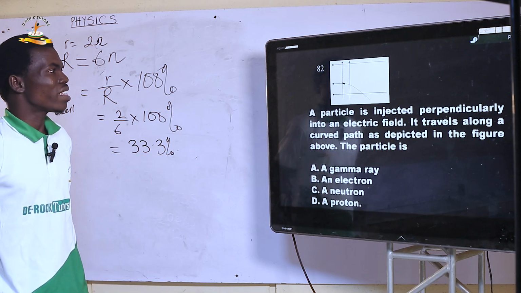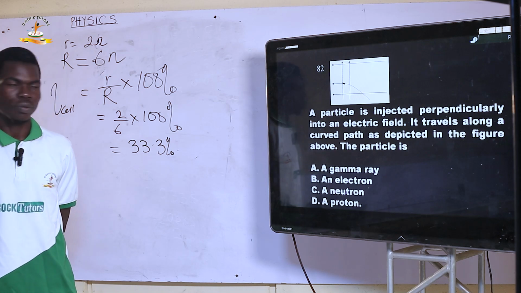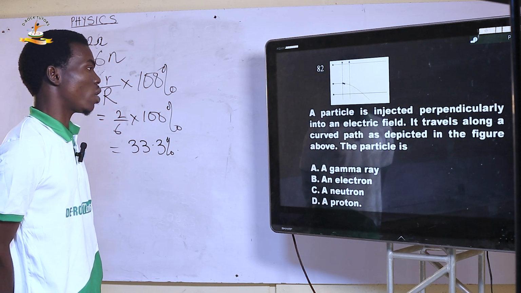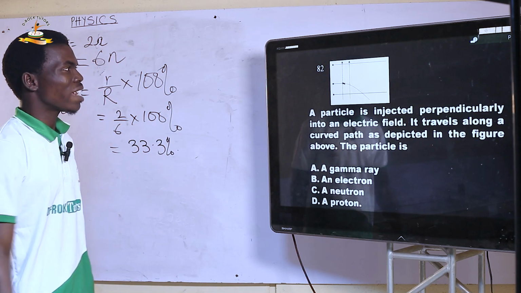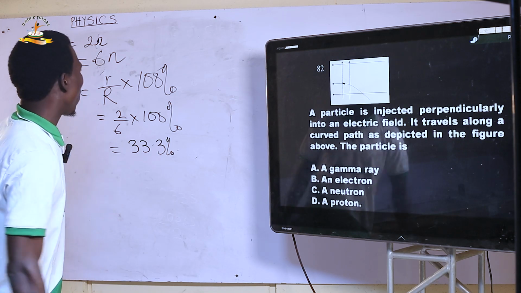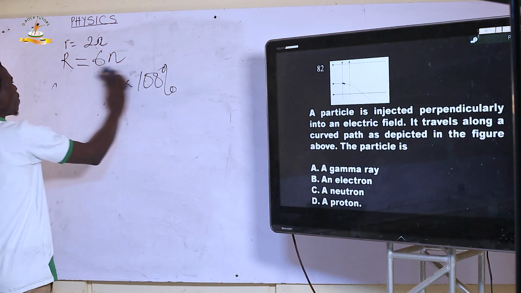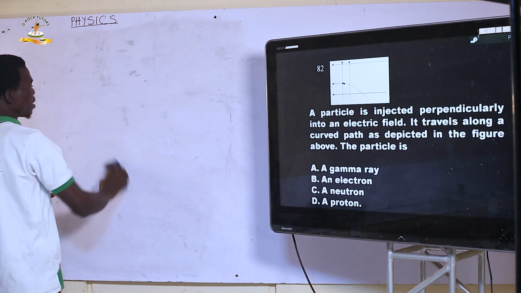A particle is injected perpendicularly into an electric field. It travels along a curved path as depicted in the figure above. Now we have an electric field and there is a particle that travels into the field. You all know how an electric field behaves. It behaves in a very similar way to a magnetic field.